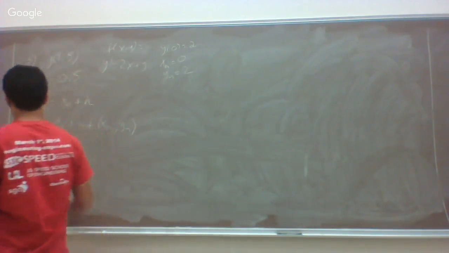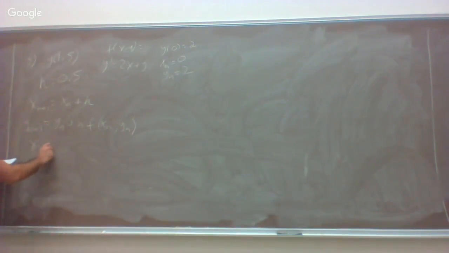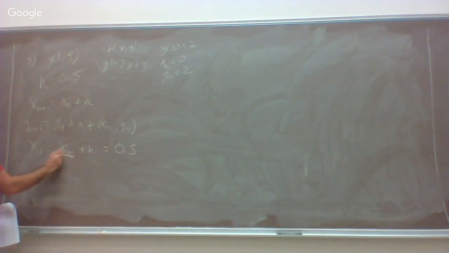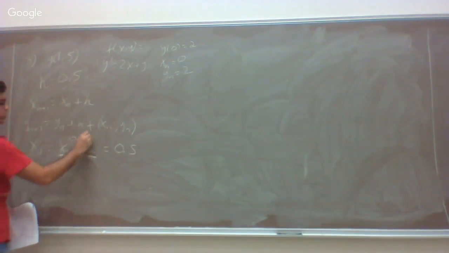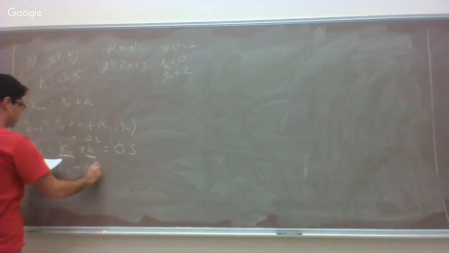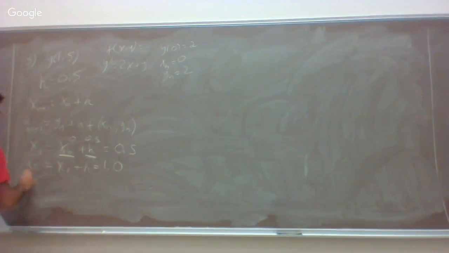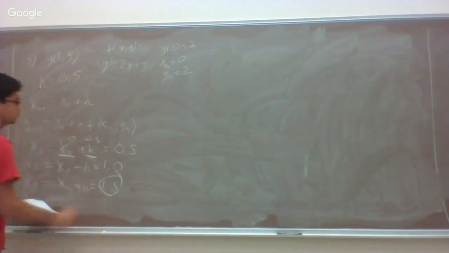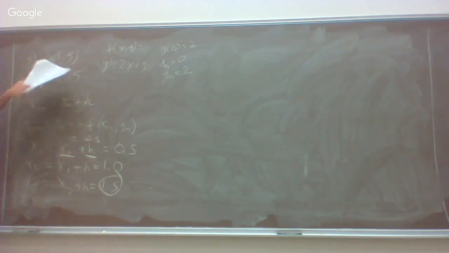So my x1 is equal to x initial plus h, which is 0.5, since this value here is a 0, this value here is a 0.5. X sub 2 is x sub 1 plus an h, so this is a 1.0. X sub 3 is x2 plus an h, so this is a 1.5. What we want, y at 1.5. Okay?